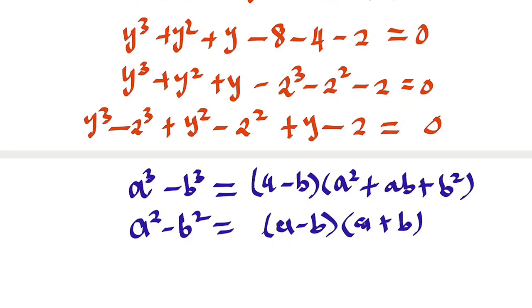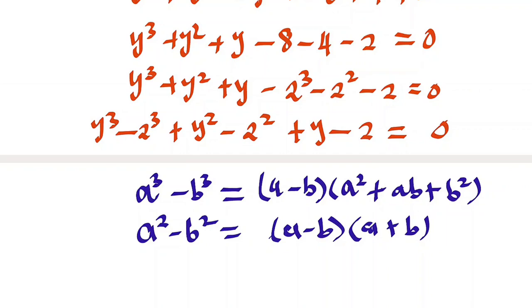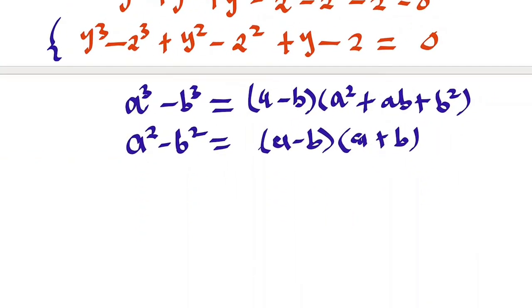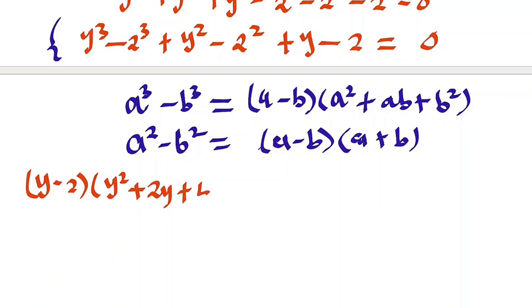Now from there, the next thing we're going to do, we're going to apply this fact here. So moving on, we're going to have y to the power of 3 minus 2 to the power of 3, that's going to be y minus 2, into bracket y squared plus 2y plus 4, then close the bracket.